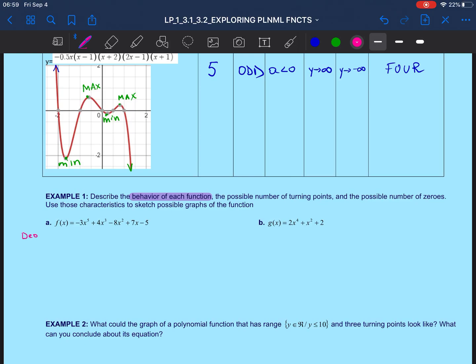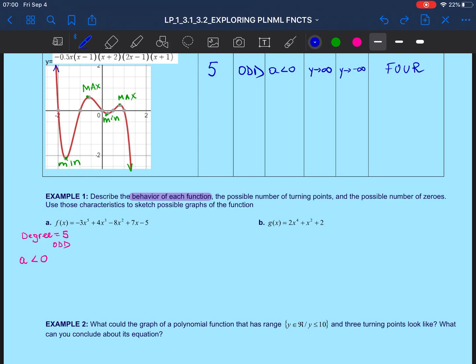The degree of this function is 5, which makes this an odd degree function. That means that the end behavior will be an extension across the quadrants. The leading coefficient is negative.